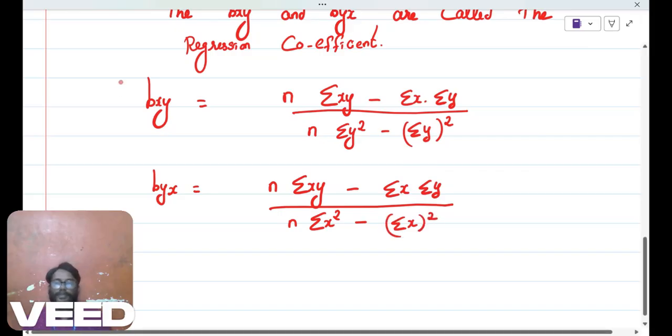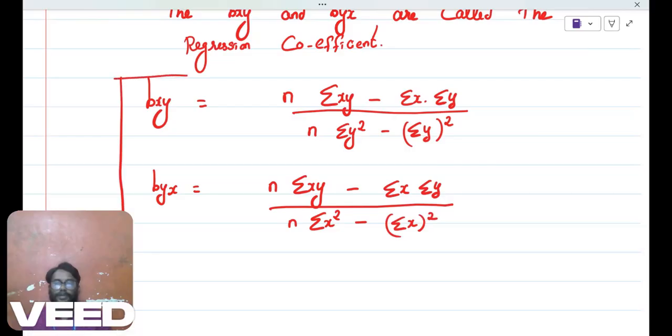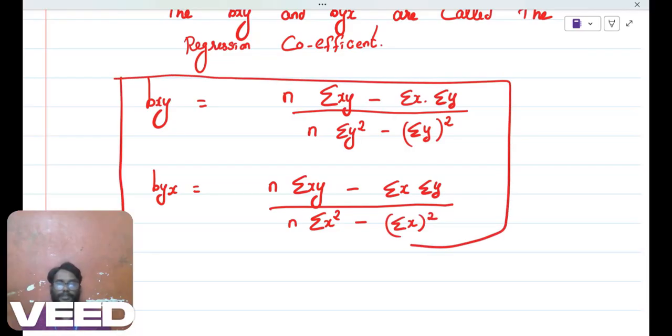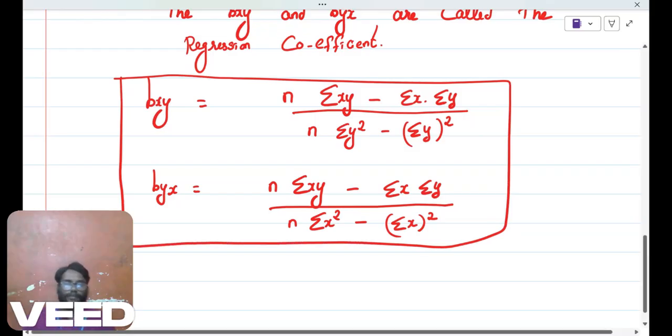So directly we can use this formula to find the regression coefficient, and we can apply it in the formula to get the regression lines.